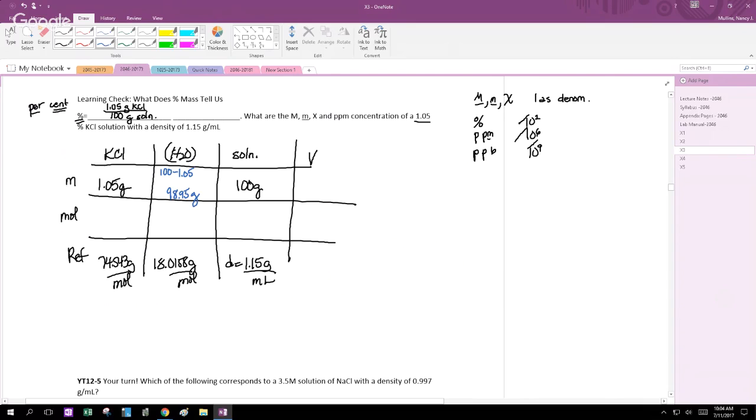I can find moles of the KCl or of the water. I have 1.05 grams of KCl, and I know that for every 74.543 grams, there's a mole of KCl. Do the same thing for my water.